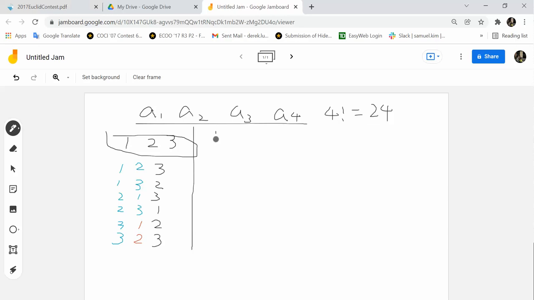We say, okay, 1 and 2, 1 and 3, 1 and 4, and 2, with 3, 4 left, then 2 and 4, and 2 and 3. So 6, 4 choose 2 combinations, are here. Once we pick this half, the other half is fixed.